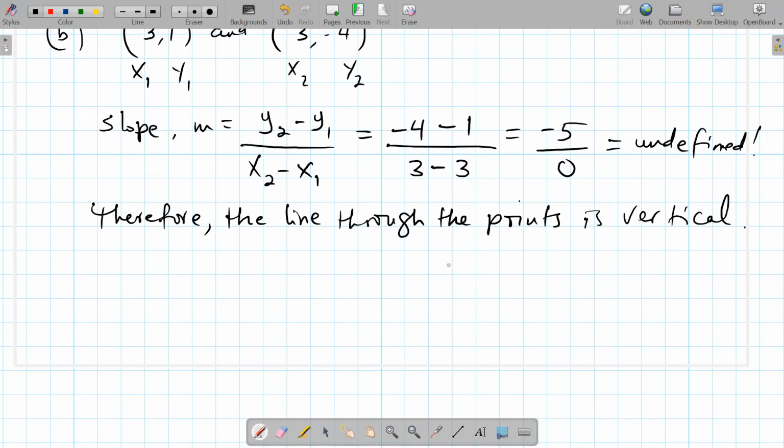So this is how we are able to determine the nature of a line, whether it's a positive slope, a negative slope, a 0 slope, undefined slope, and what it tells us of the nature of the line, whether it is horizontal, whether it's vertical, or whether it is rising from left to right, or falling down from left to right. Okay. How you get to do it.